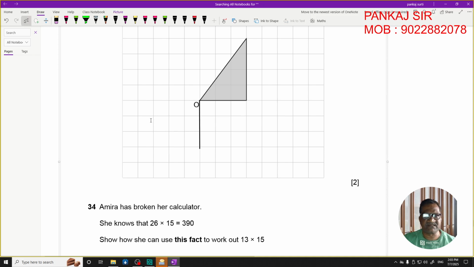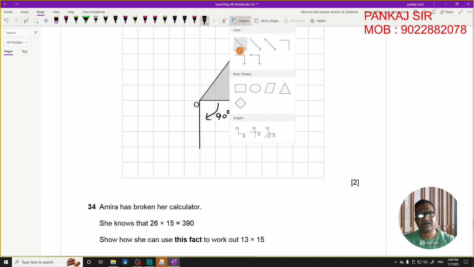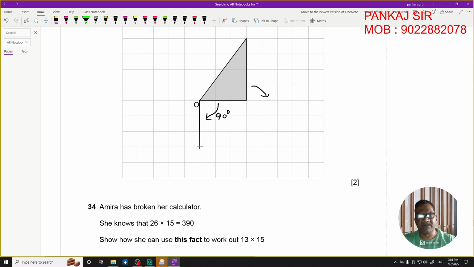So this base has been rotated by 90 degrees. Now this particular perpendicular, that is also rotated by 90 degrees. So when I rotate this by 90 degrees, it has to become horizontal, and that covers 1, 2, 3, 4 boxes. So I will cover 4 boxes.